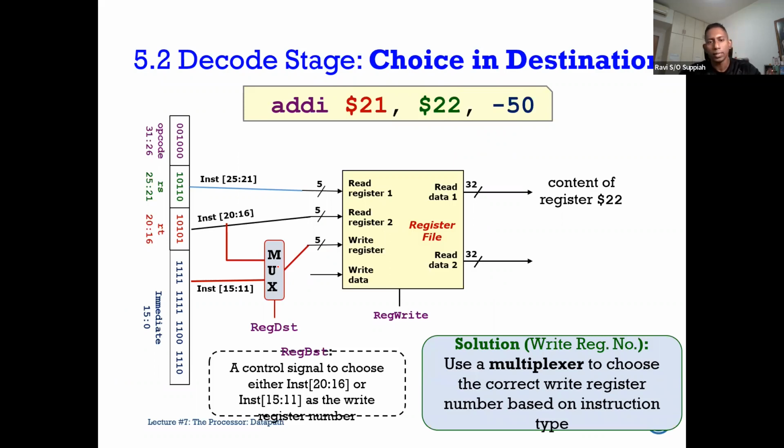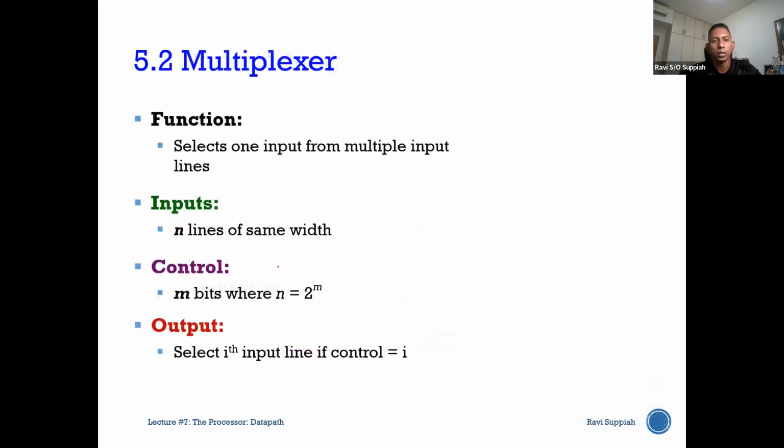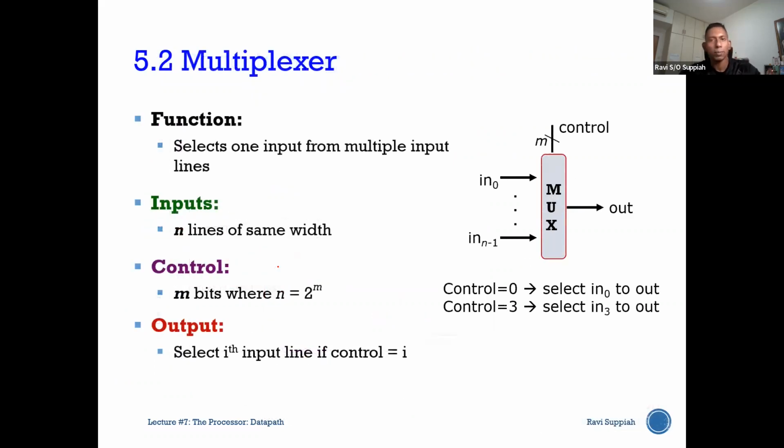So what is a multiplexer? Let me quickly go through this. A multiplexer, very simply put, is just like how you operate your TV. Your TV is basically one screen, so you can think of the output as your basic screen. But for input, what do you have? You have your Netflix, your Disney Plus, Amazon Prime, everything.